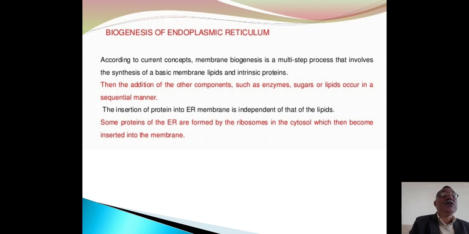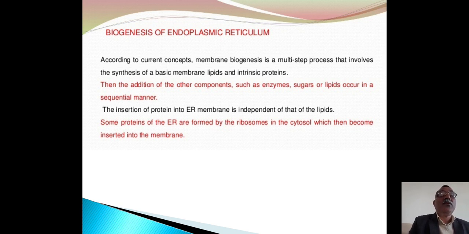Membrane biogenesis is a multi-step process that involves the synthesis of a basic membrane, lipid and intrinsic proteins. Then the addition of other components such as enzymes, sugars or lipids occurs in a semi-sequential manner.